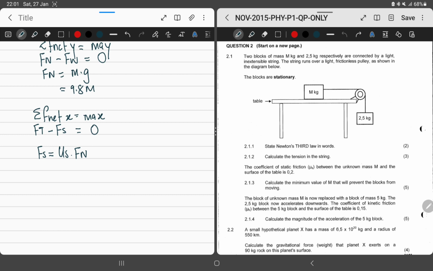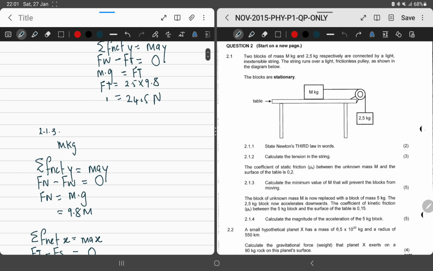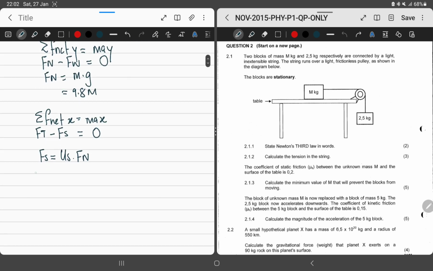You have this equation in your data sheet. We calculated that the tension was 24.5, and since the two blocks are connected by that string, the force of tension should be equal to 24.5 as well.